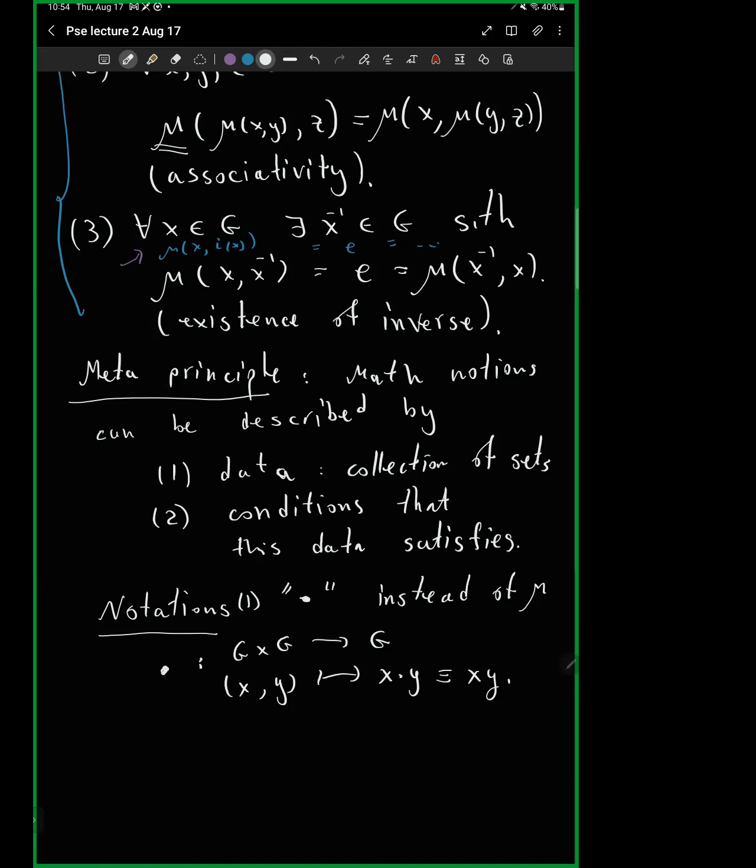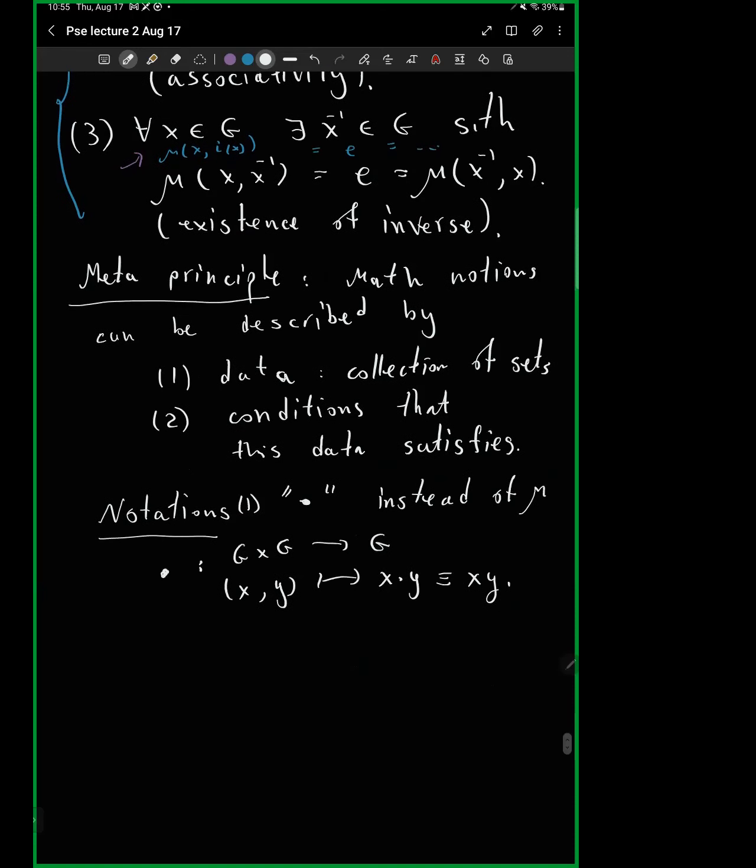If the binary operation was a multiplication of numbers, then usually the unit element is 1, so we will write 1 instead of e. And if the binary operation is addition of numbers, then we will write 0 for the unit element. So this is all a bit of a warning, but we will soon see examples.